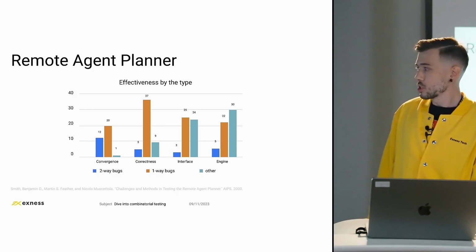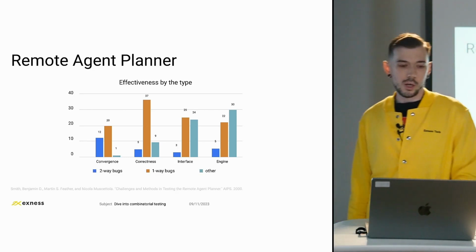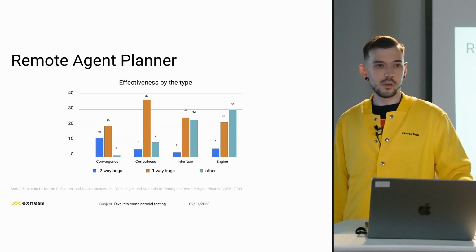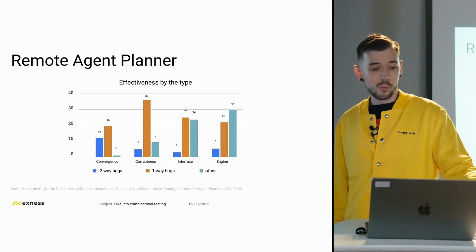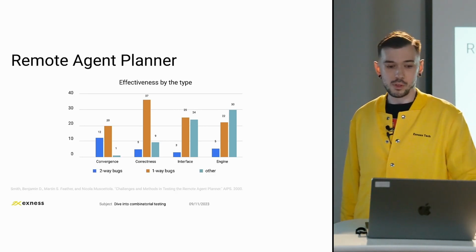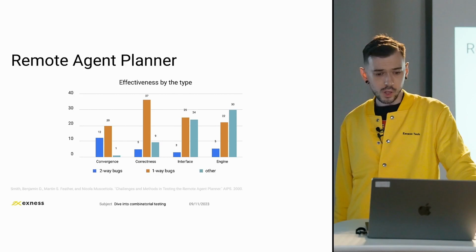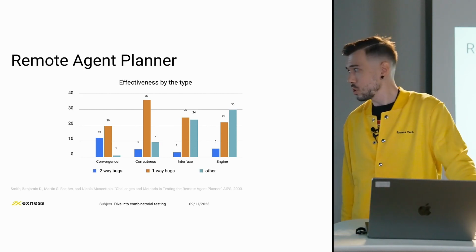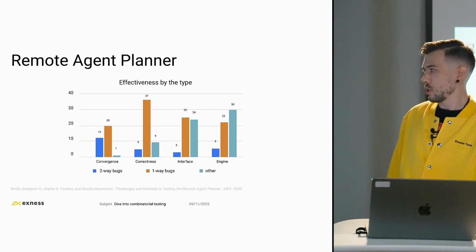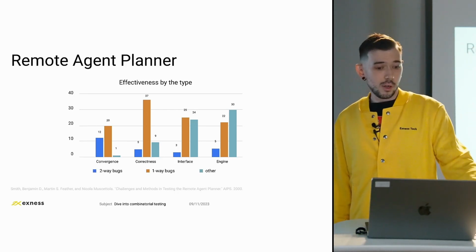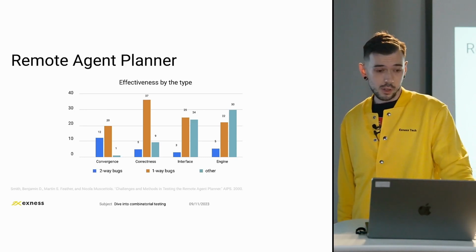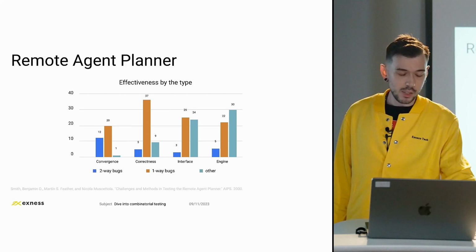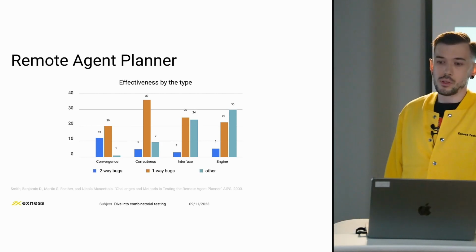The dark blue columns are about pairwise. Especially, they caught some two-way bugs using this in these systems. And you can see that in the first two subsystems, convergence and correctness, pairwise helped them a lot. At the same time, you can see that there were a lot of one-way bugs, just single bugs.